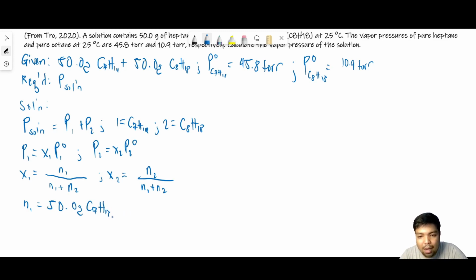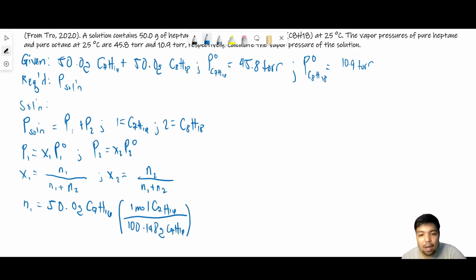The molar mass of heptane is, let me check my pre-solve, okay, I've already solved this beforehand, 100.198. So we have 1 mole of heptane over the molar mass, in grams per mole, which is 100.198 grams heptane.